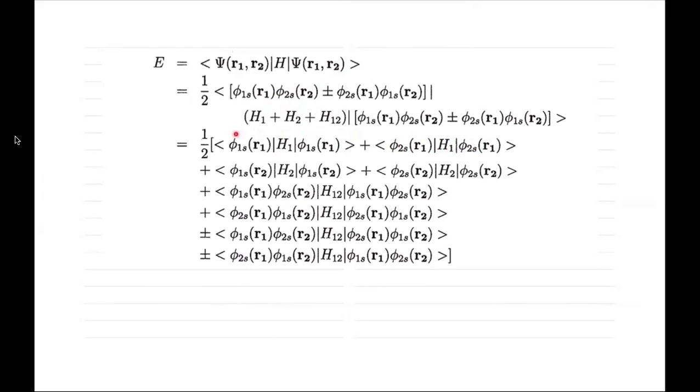And this part is just the energy of electron 1 in the 1s orbital plus the energy of electron 1 in the 2s orbital. So we'll call this just E1.